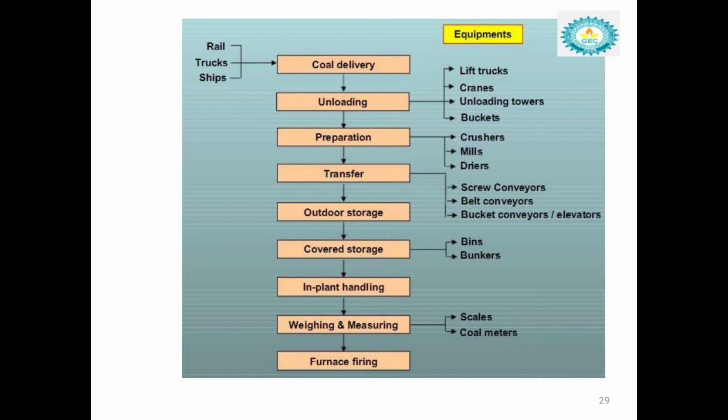After coal delivery, the coal is sent to the unloading process. In the unloading process, we are using trucks, cranes and buckets. With the help of this equipment, we unload the coal.